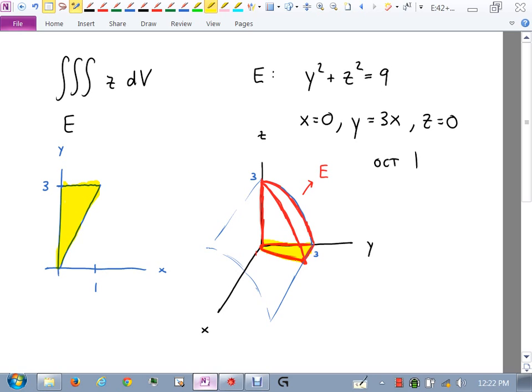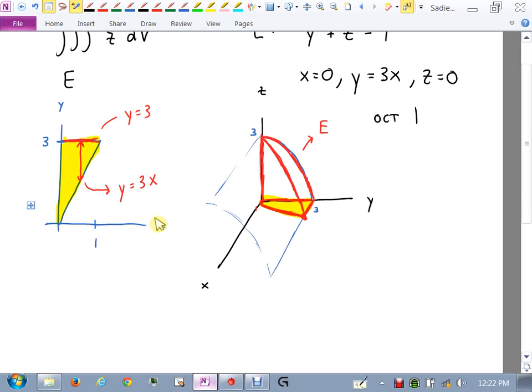What type region is this? 1 or 2, right? Do you have a preference? 1? Okay, so if I'm going to go 1, I'm going here like this. What's the top bounding thing here? y is 3. And then what's the bottom bounding thing here? y is 3x. Excellent.